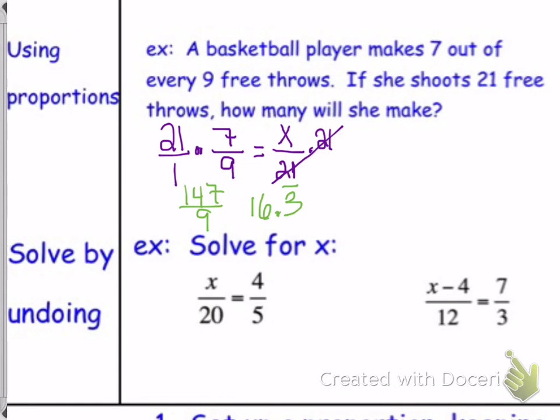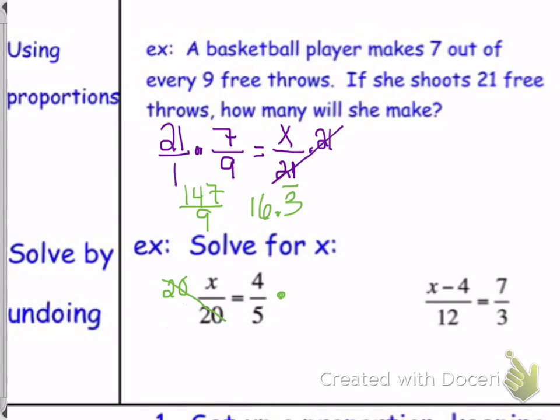We can take that same process in completing these next problems, solving by undoing. So the same thing goes, we're going to multiply by 20 to undo that division.